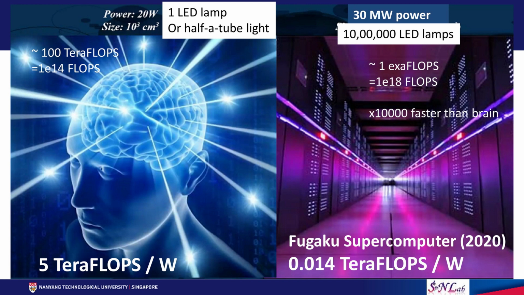So again, if I compare the energy efficiency and the speed of a brain, I have a slide comparing the human brain and the Fugaku supercomputer, which was demonstrated by Fujitsu in 2020. The latest supercomputer, Fugaku, consumes 30 megawatts of power, which is equal to the energy required to light up 1 million LED lamps.